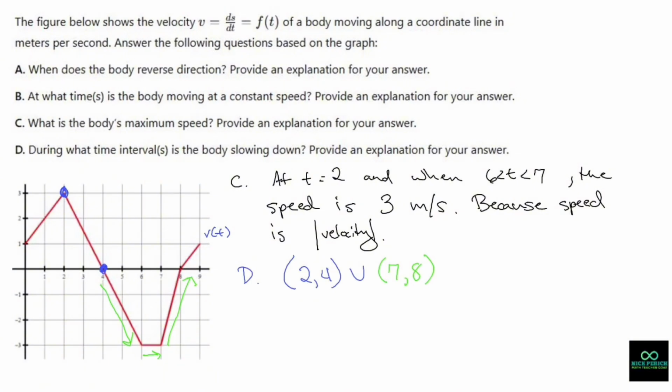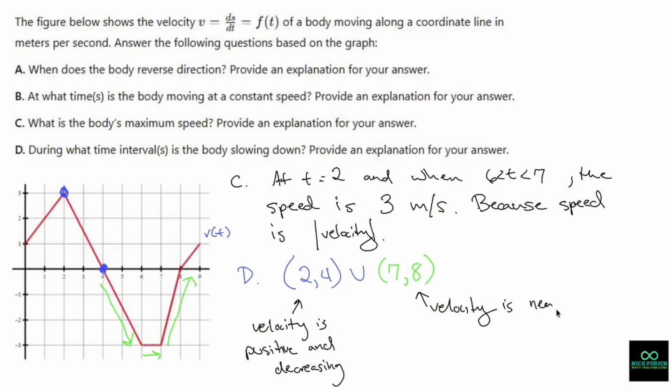So the explanation for this is for the first one, the velocity is positive but decreasing. And for this next one, we could say that the velocity is negative and increasing towards 0.